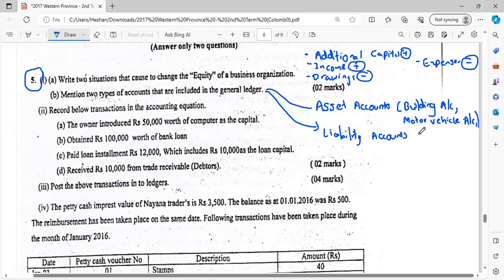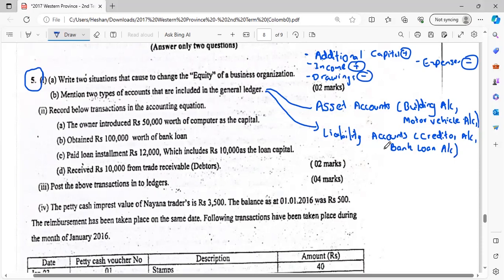Within brackets, you can write creditor account, and also bank loan account. These are some examples.